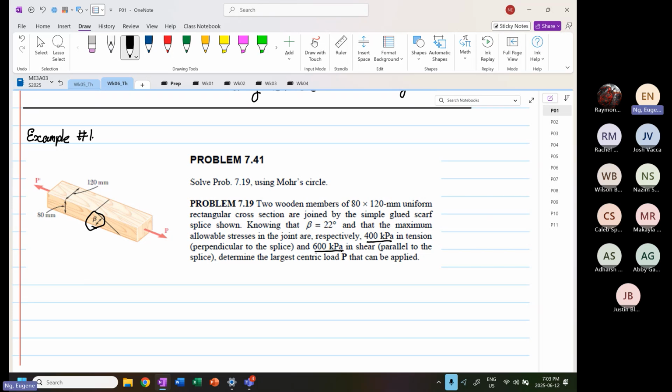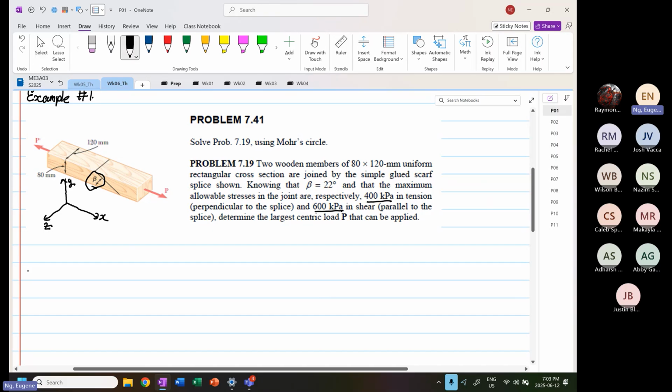So now this direction is our X, going up is our Y, and this is Z. The question is analyzed using a 2D Mohr circle. But let's say we consider 3D, what will happen? All right, so we look at the 2D Mohr circle analysis.